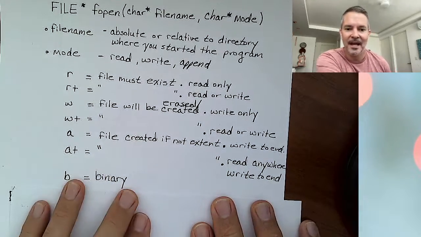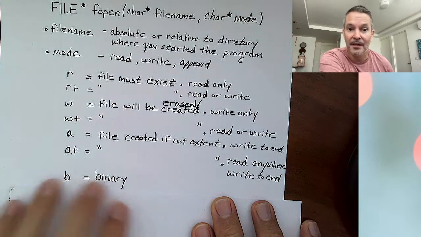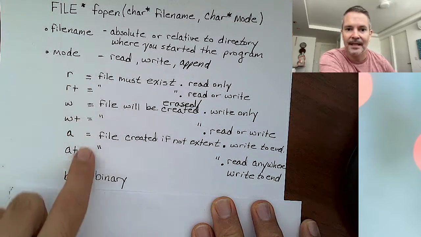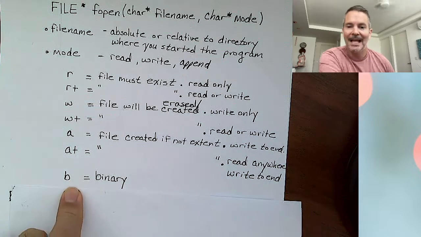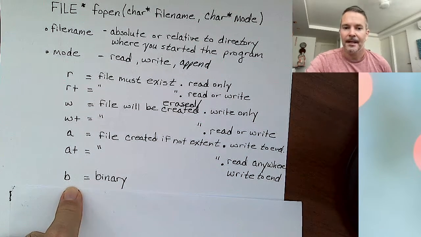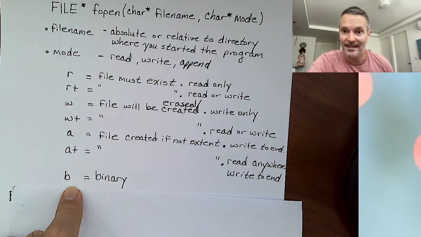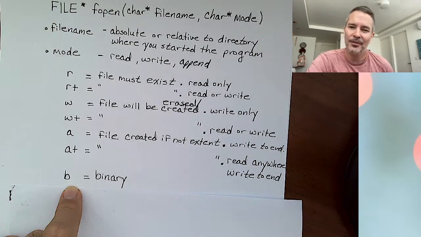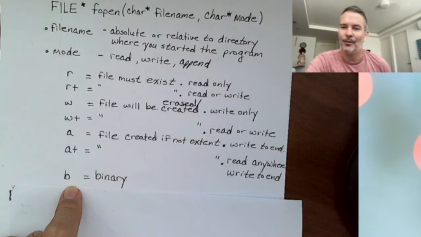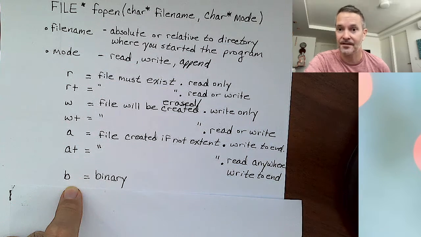Lastly, there is another specifier, a B, which you can add to the end of any of these modes. And it means binary. It means I want to write into the file in binary mode. Now, on many computer systems today, whether you put a B or you don't put a B isn't going to make any difference in how the computer uses and writes to the file.